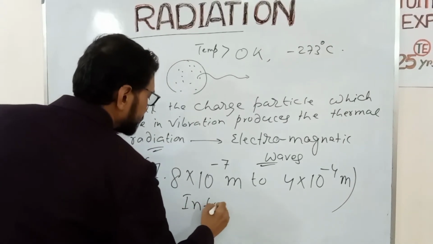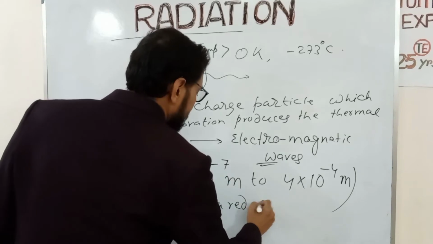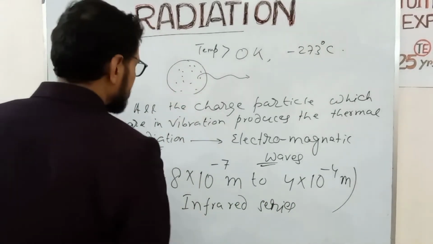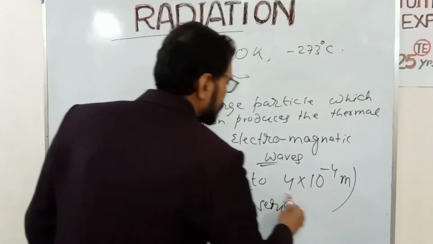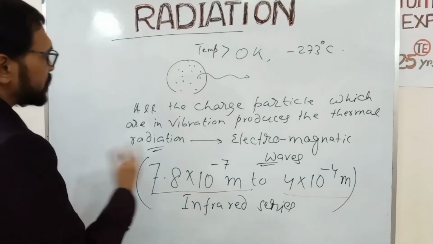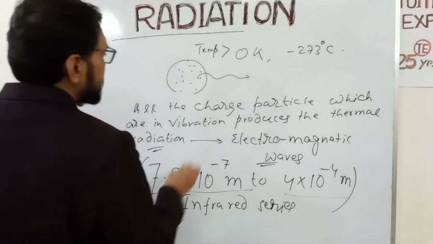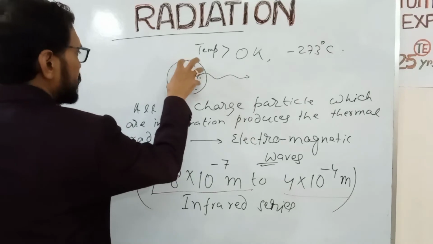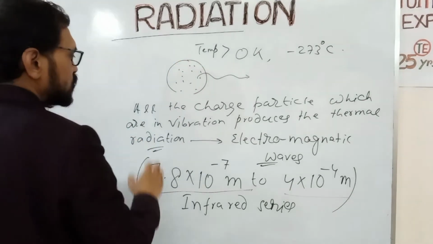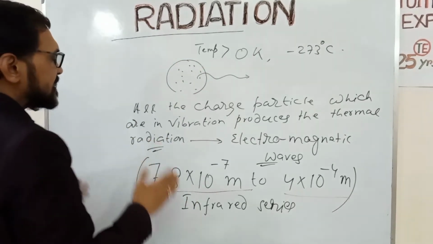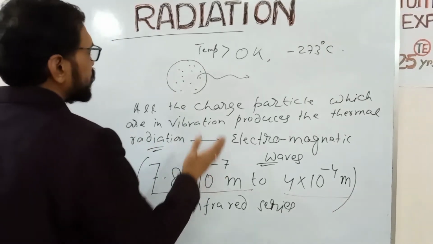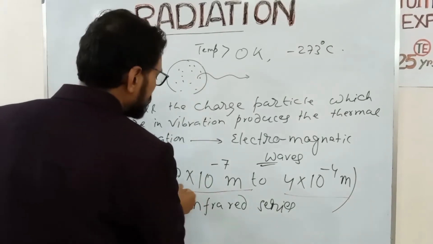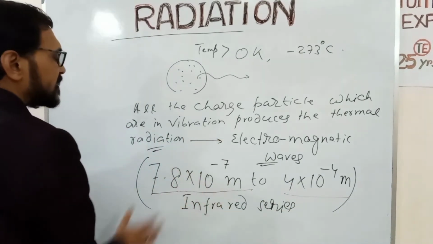So every thermal radiation belongs to the infrared series, whose wavelength lies between these values. So what is the source of radiation? All the vibrating charged particles in atoms or molecules of the hot body produce electromagnetic waves. These electromagnetic waves are the cause of thermal radiation. The wavelength of the thermal radiation lies in this range, which is called the infrared series.